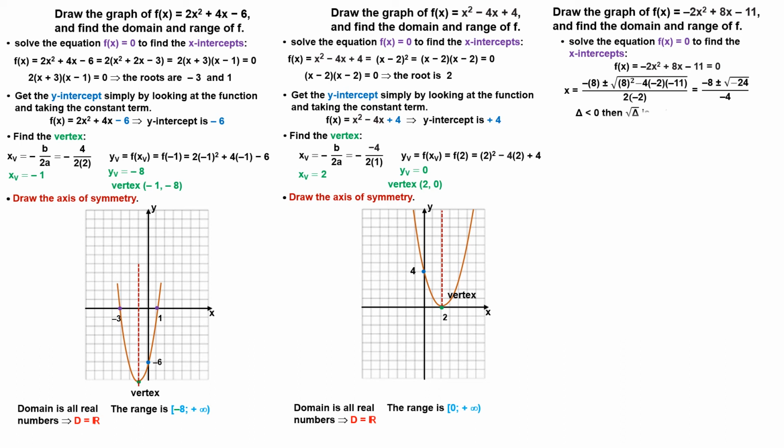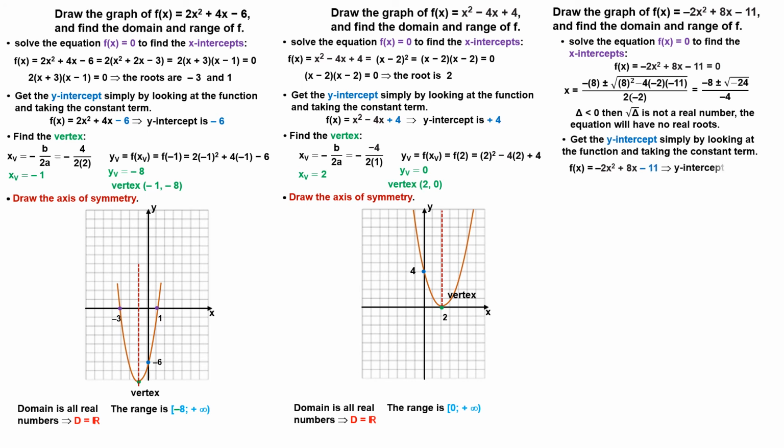Delta is negative, then the square root of delta is not a real number. The equation will have no roots. Get the y-intercept. The y-intercept is minus 11. Find the vertex.